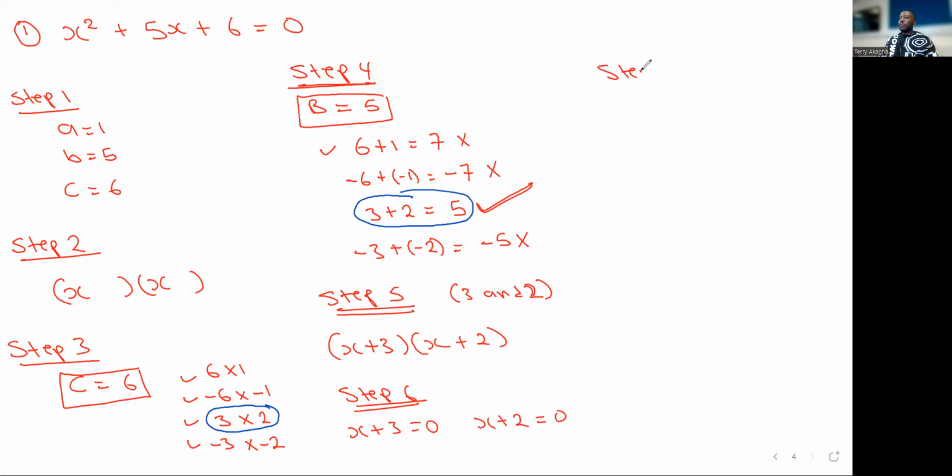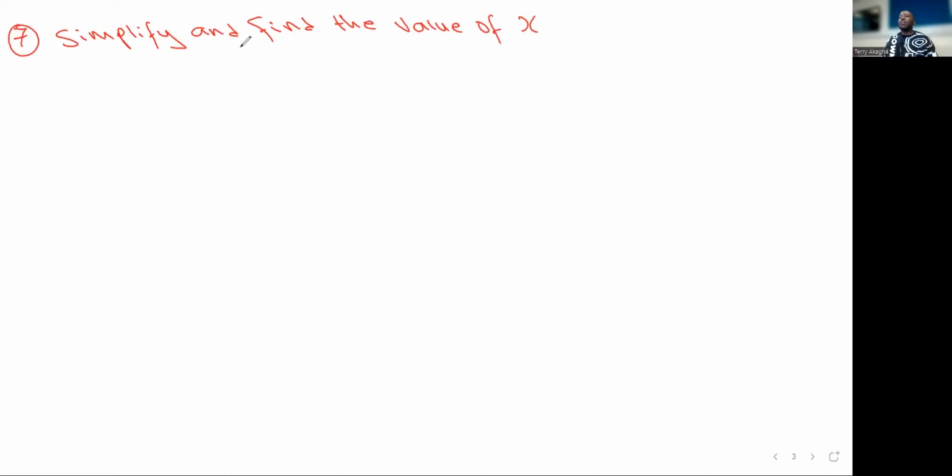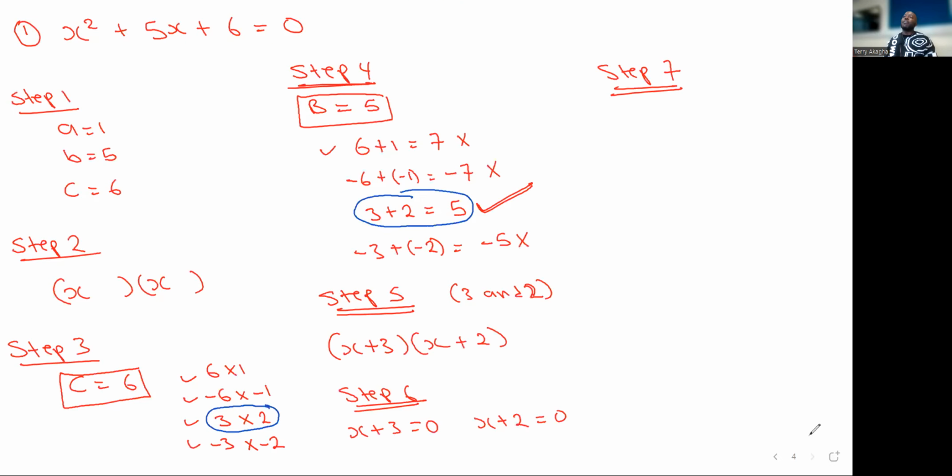Step 7 says we should now simplify and find the value of x. The first one, x plus 3 is equal to 0. Take 3 to the other side, so x will be equal to minus 3. That's the answer. The next one, x plus 2 equals 0. Take 2 to the other side, so x will be equal to minus 2.